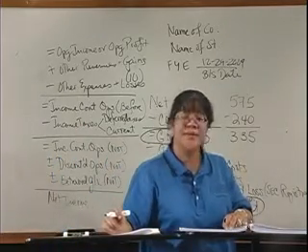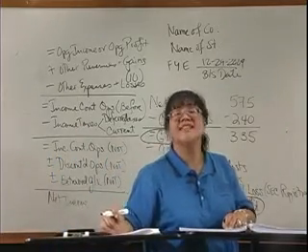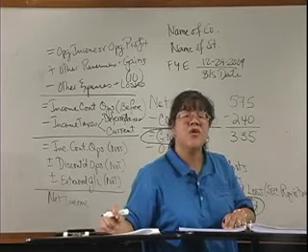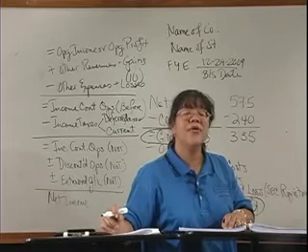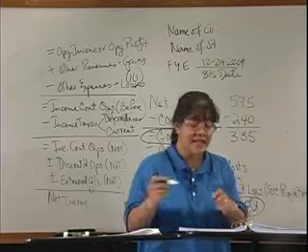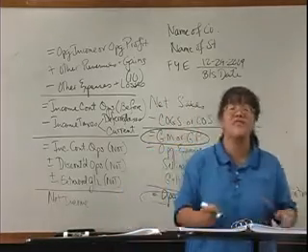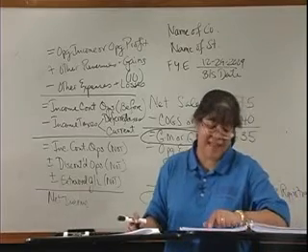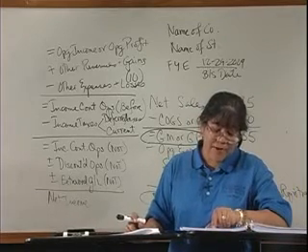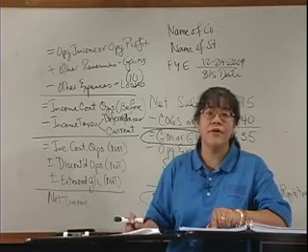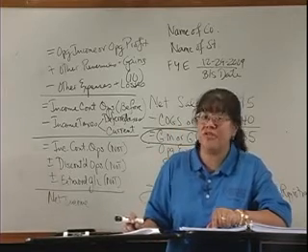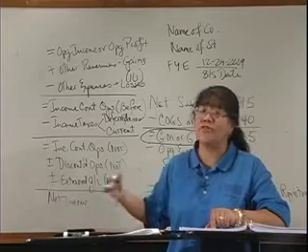Then we have a sales commission. A sales commission is a selling expense. Selling expenses are all costs that you incur in order to increase sales. Typical examples of selling expenses include sales commissions, but they can also include depreciation expense on the sales showroom, because you do make all your sales in your showroom.